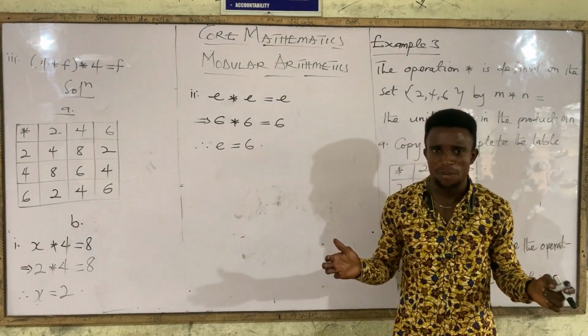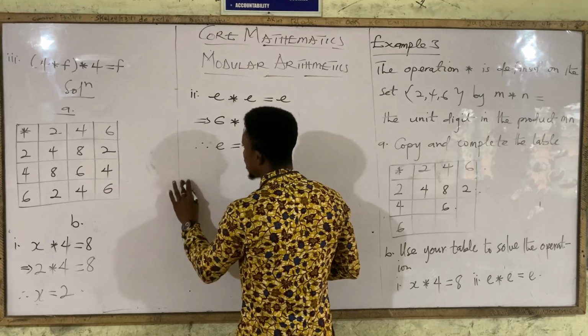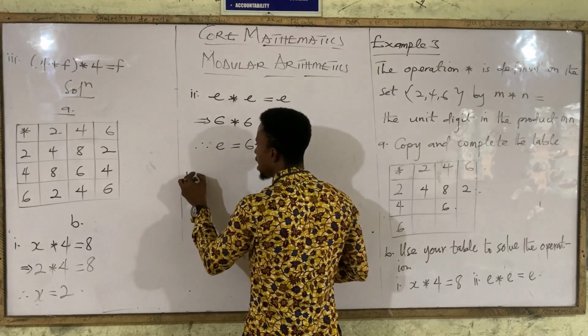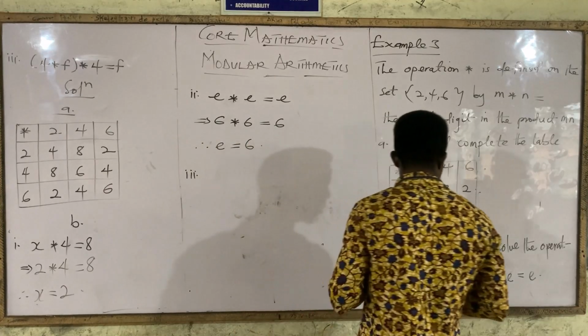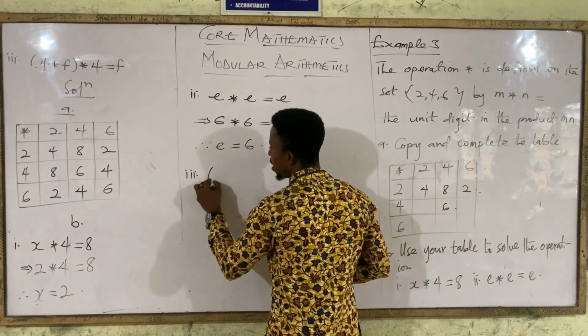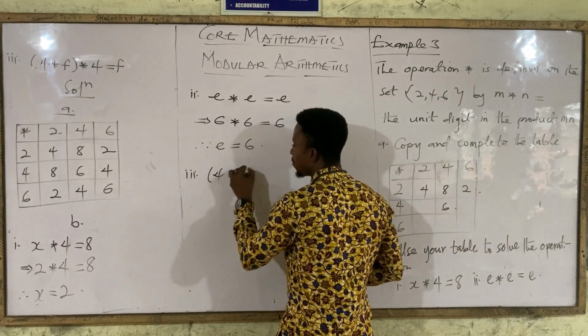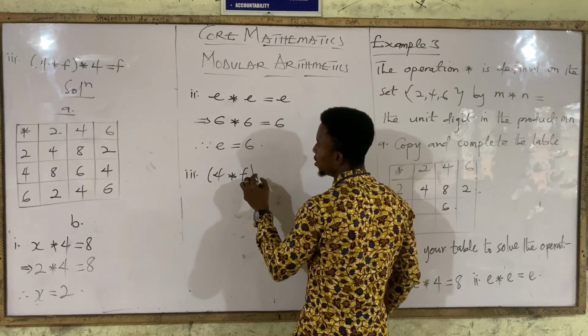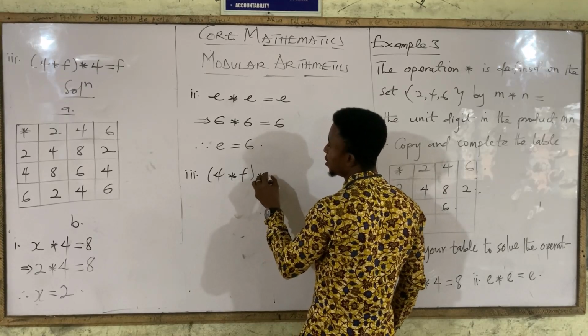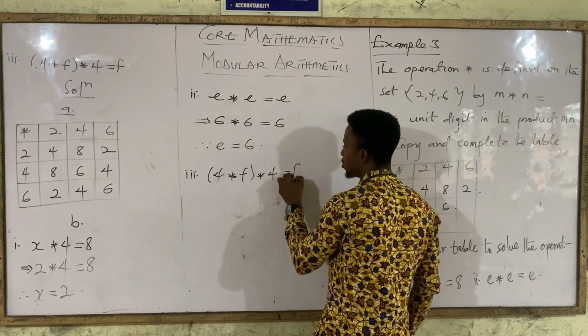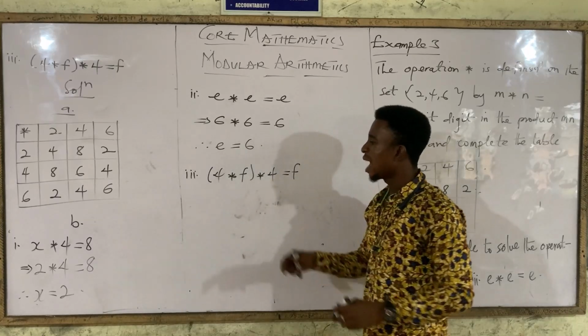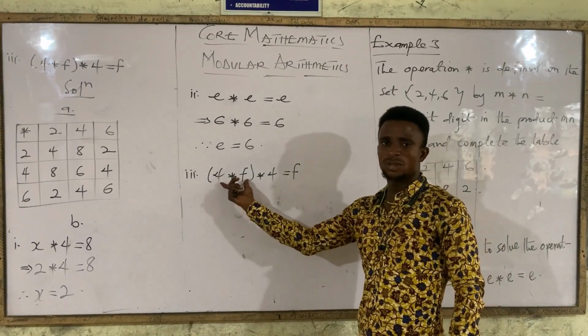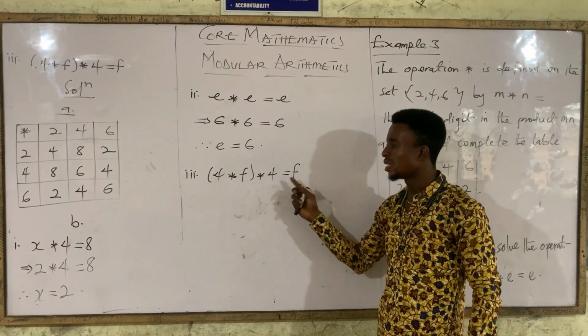Isn't it simple? Let's do for the last one, the III. That one says, in bracket, 4 star F, star 4 is equal to F. So this one we are solving something in bracket, operating it on this to get that.